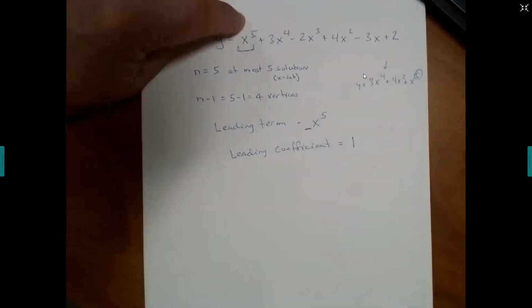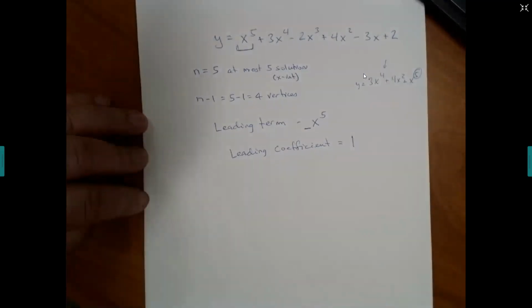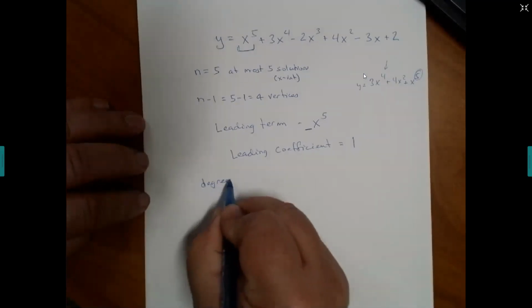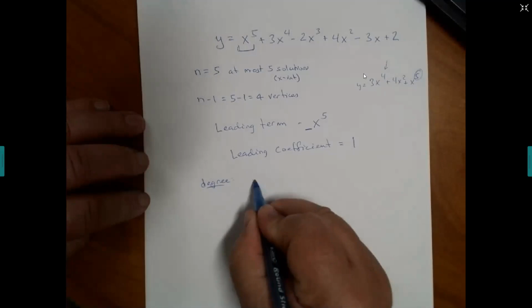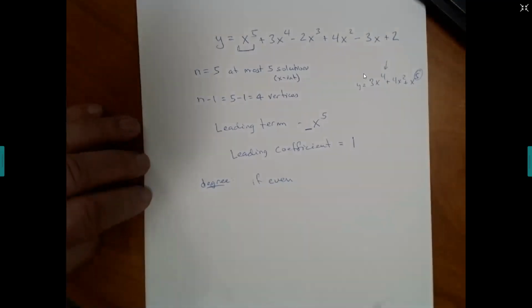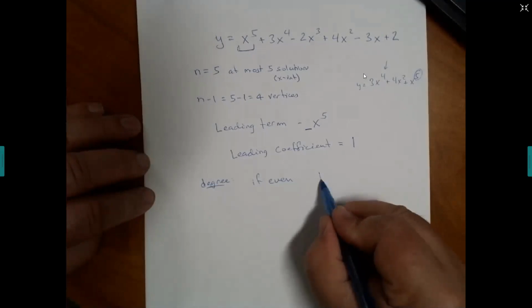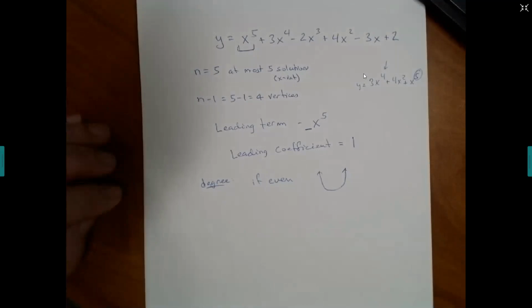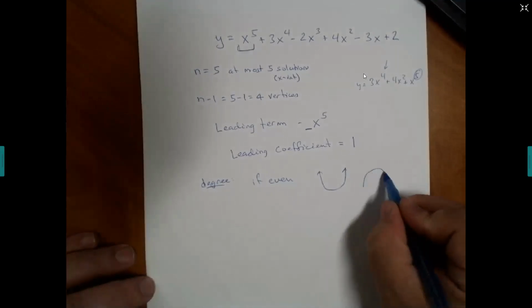Now, what else does the degree tell us? If it's even, then both ends point the same direction.